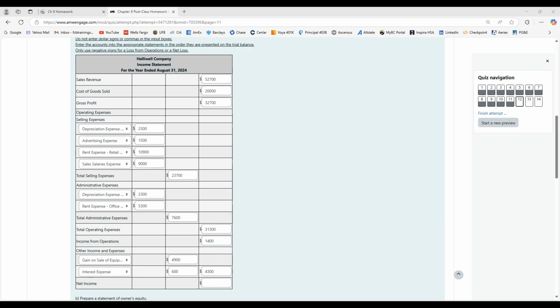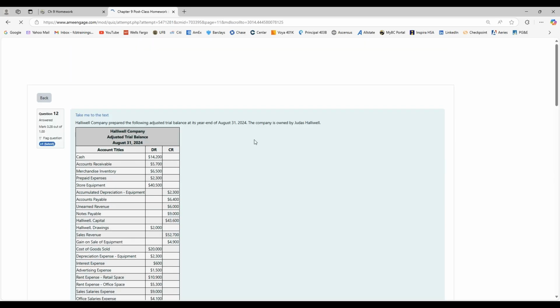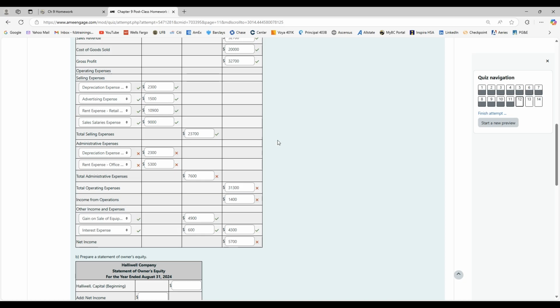And then if we added back in the $4,300 of gain, we're going to end up with what, $5,700, I think. Okay, let's check ourselves because I want to make sure that I don't have something off before we move on.